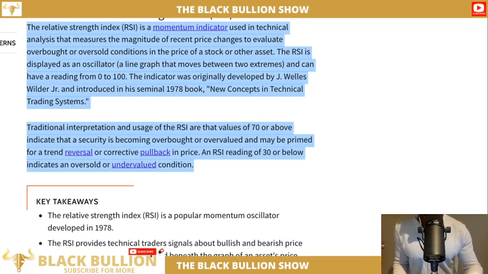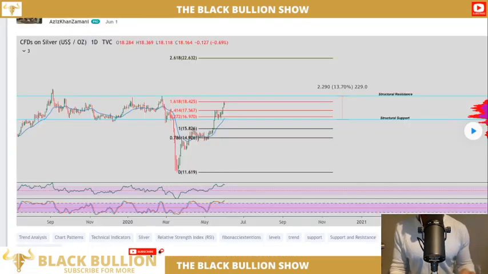Okay, so let's go back to this graph now that you understand this. These three red lines right here represent Fibonacci extensions. These are possible areas where people are looking to take profits, and possibly we could see a price reversal.